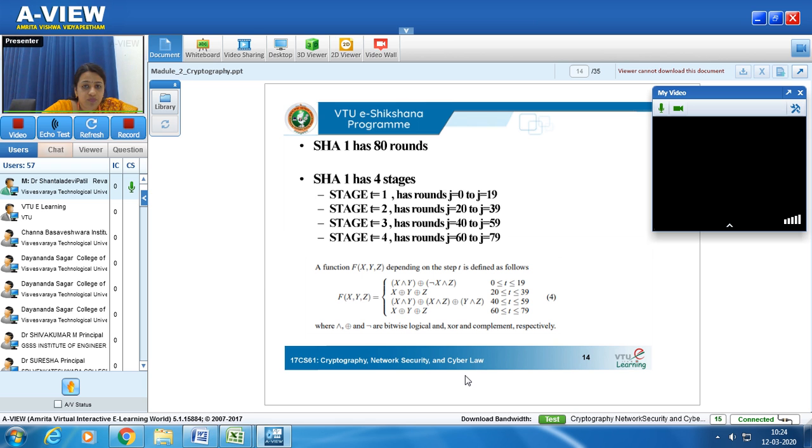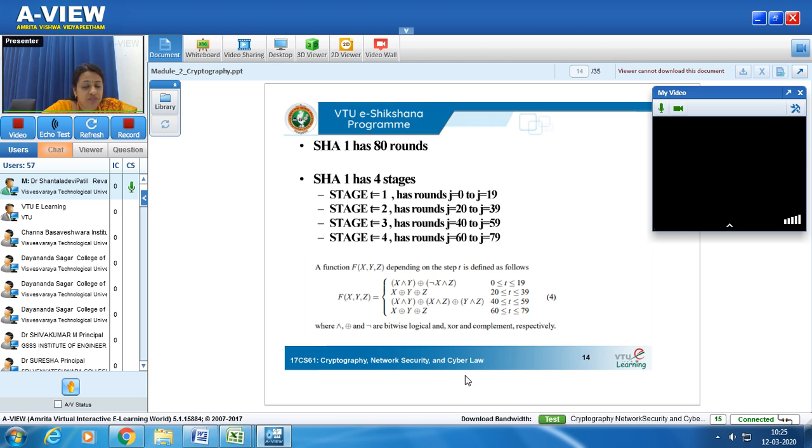For rounds 0 to 19, this is the operation that is followed. The contents of register S2 is ANDed with the contents of register S3, and then the negation of the contents of register S2 is ANDed with the contents of register S4. Now the outputs of both of them are ORed.